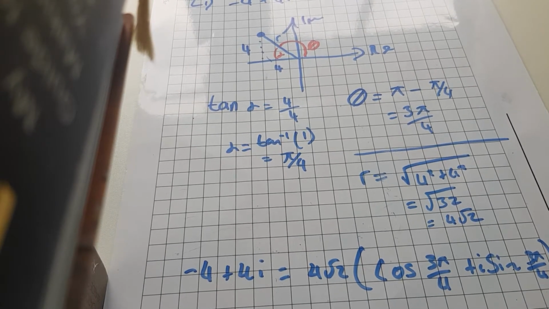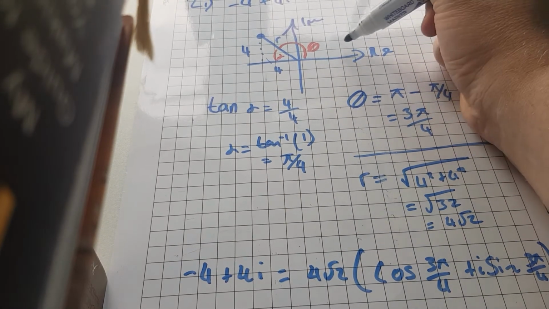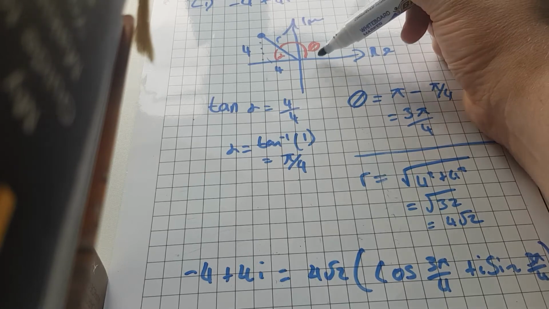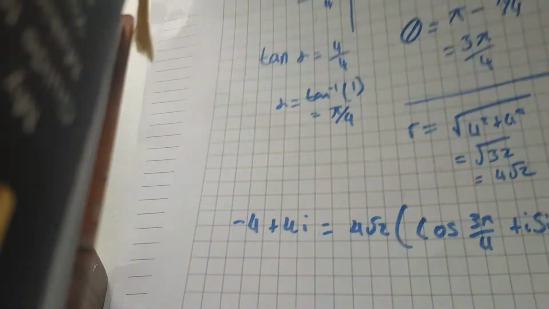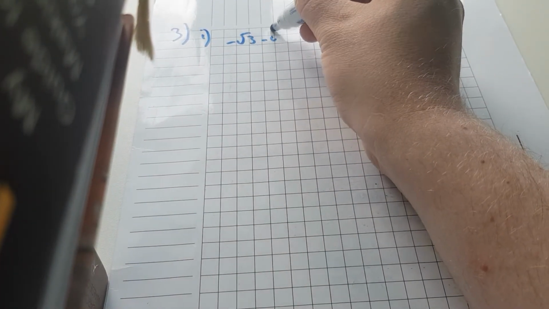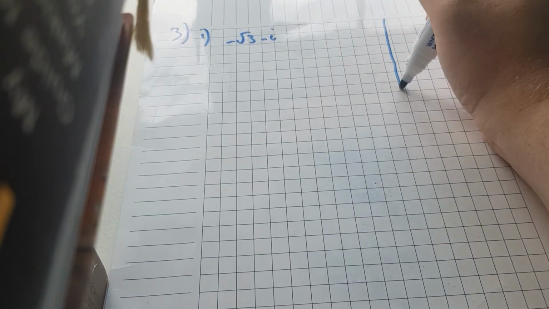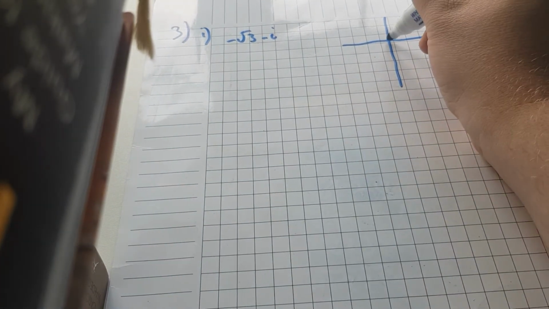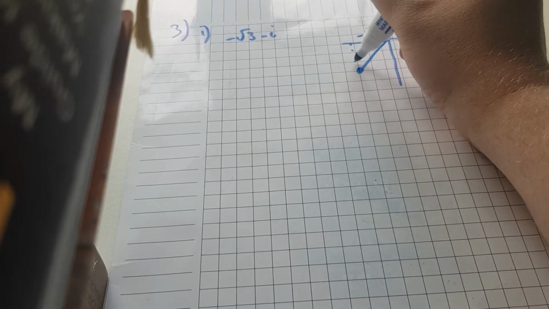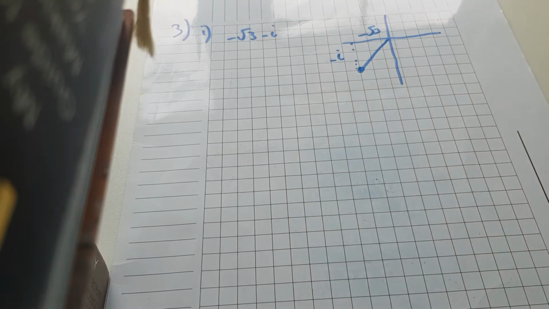Okay, so that's that question. Now, if it's in this quadrant here, the argument is just the reference angle. Now, if you look at question 3, minus root 3 minus i, it's down in this quadrant here, so minus root 3 and minus 1, okay?